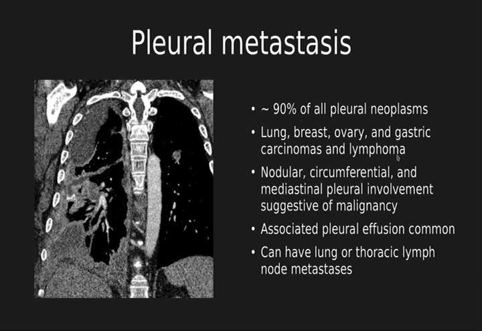This is more nodular, circumferential, and mediastinal. When there is a mediastinal pleural involvement, this is suggestive of malignancy. This can also simulate a benign pleural disease. In these coronal CT reconstructions, it shows extensive right pleural thickening in this patient with a metastatic renal cell carcinoma.